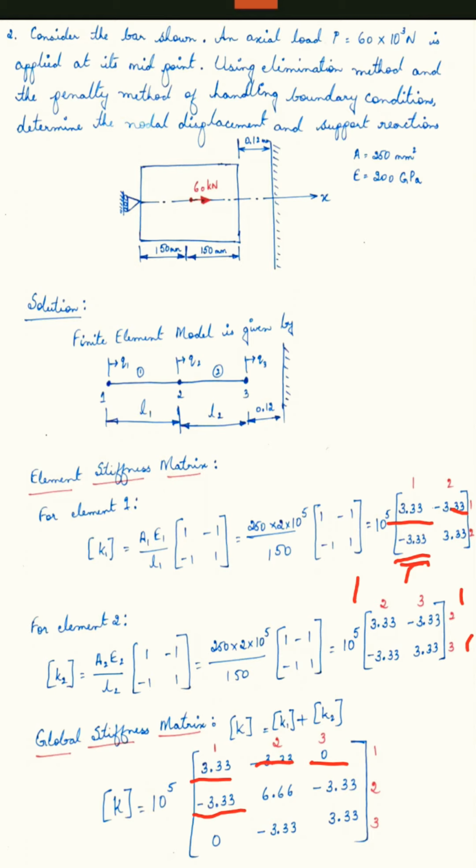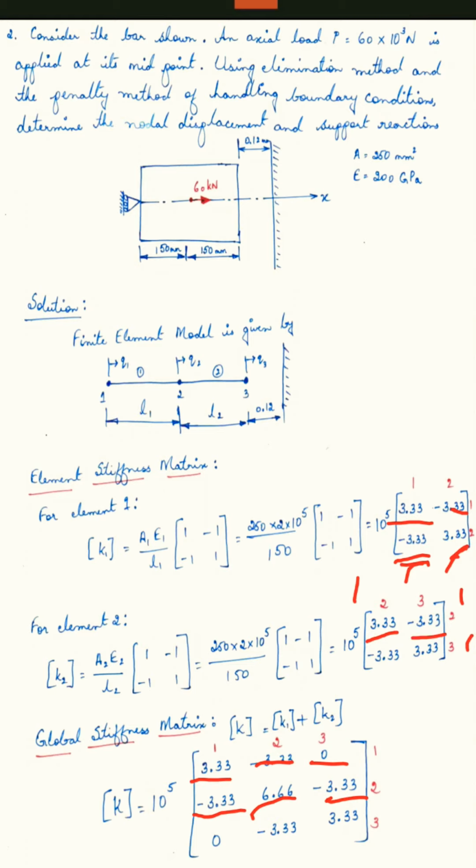For second column, second row, there are two elements present. One element from the element stiffness matrix of element 1 and the other from the element 2 stiffness matrix. So 3.33 plus 3.33 will give us 6.66. Next, for third column, second row, it is minus 3.33.